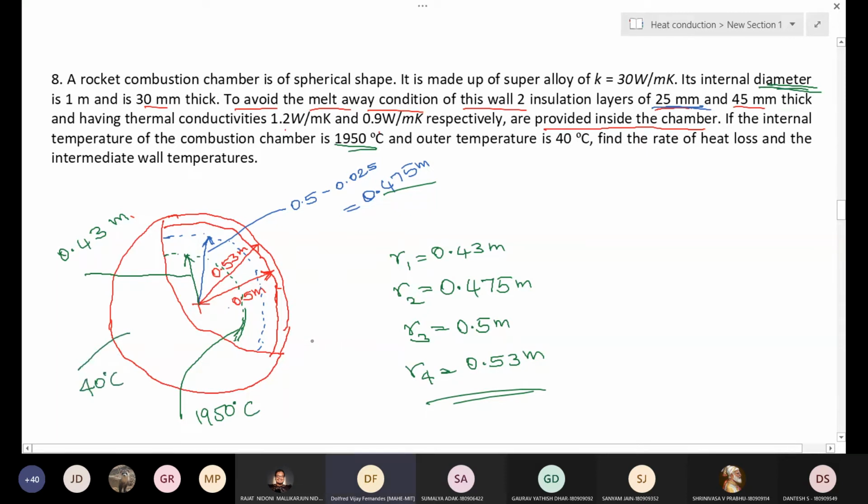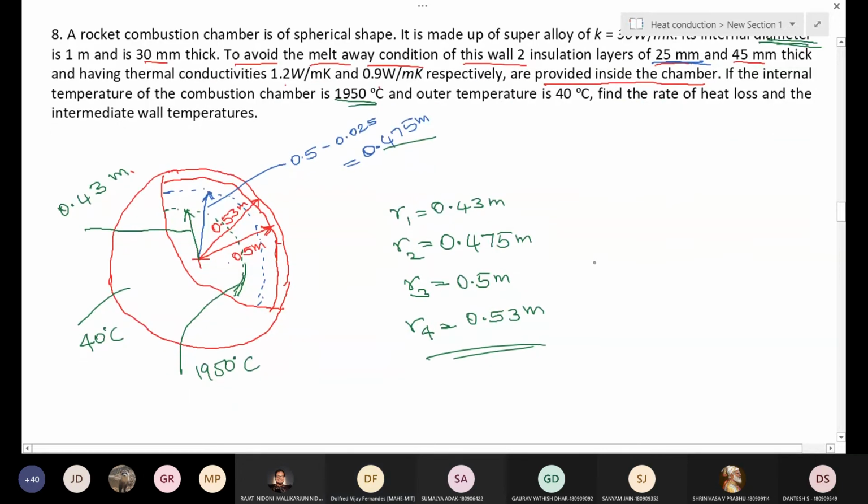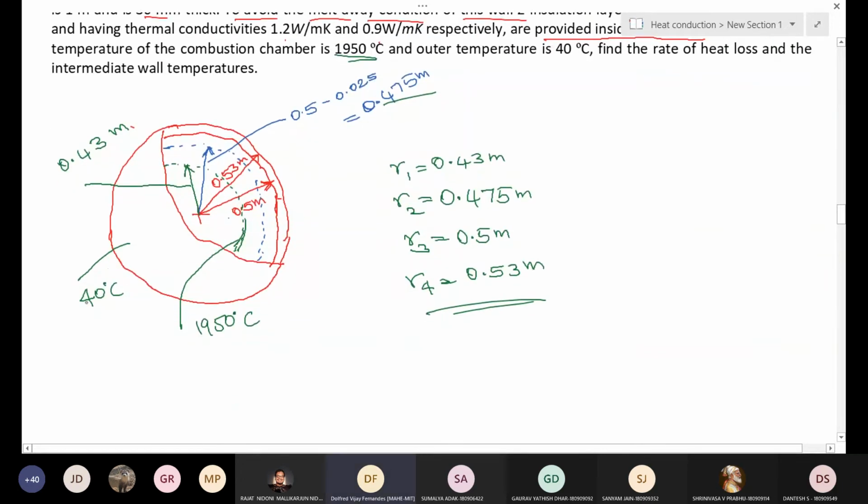Find the rate of heat loss and the intermediate wall temperatures. So let's say this is T1, the intermediate temperatures are T2 and T3, and T4 equals 40.